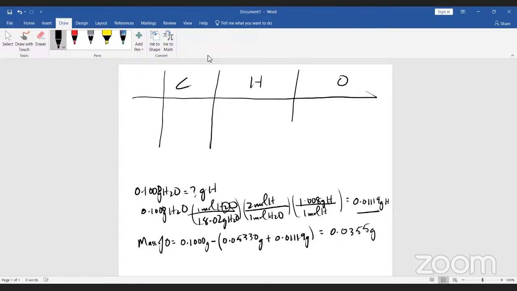So since I've decided to use the percentages, I'm going to express the masses in terms of the number representing the percentages. For carbon, that was 53.30. For hydrogen, that was 11.19. I'm sorry, not percent, grams, my bad.